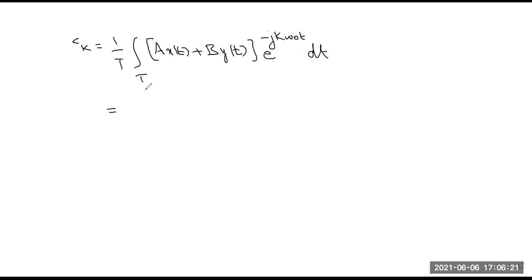So I can easily rearrange this equation. Let me split this.